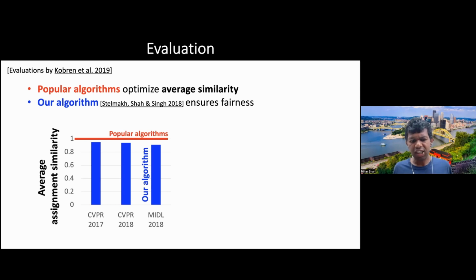In terms of average assignment similarity, our algorithm does somewhat close to popular algorithms. It achieves 90 to 95%, more than 95% in CVPR, which according to at least the program chairs is quite good. A 5% reduction is okay as long as you get many more benefits.